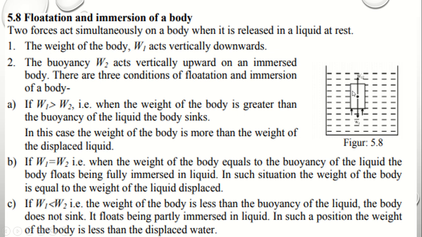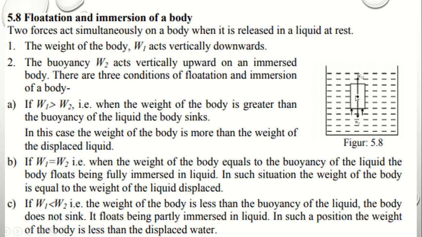Number two, here we can see W1 equal to W2. That means the weight of the object and the buoyancy, or the weight of the displaced water, are equal. Then the body floats being fully immersed in liquid, which I am showing here.